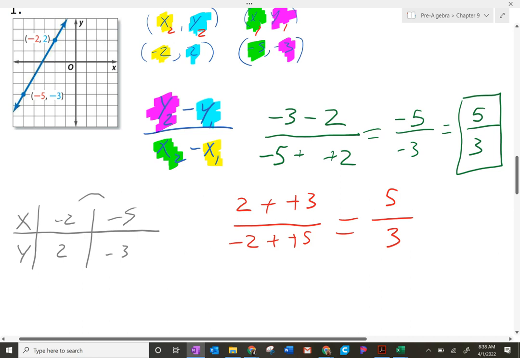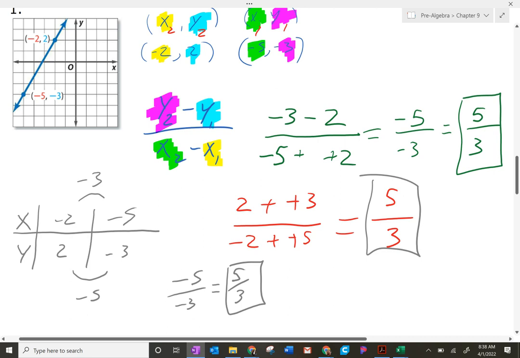I know between these two, it is getting 3 smaller. I know between these two, it's getting 5 smaller. And just like what we did on the one from the assignment from yesterday, the bottom one goes on top, so negative 5 over negative 3, which simplifies down to 5 over 3. This one, and this one, and this one are all the same. So if we do the rate of change style that we did from yesterday, we get the same slope.